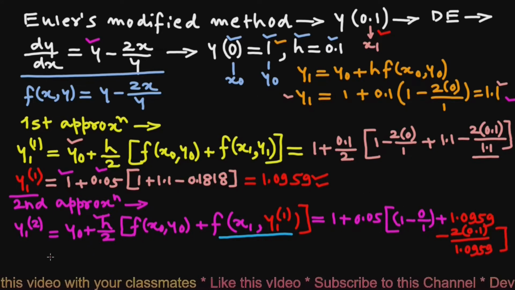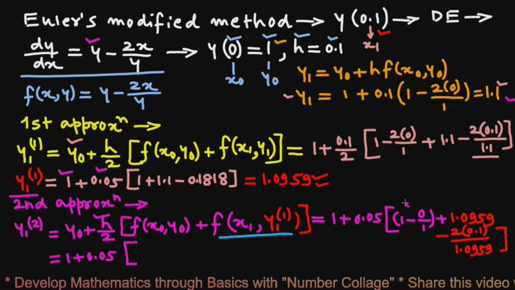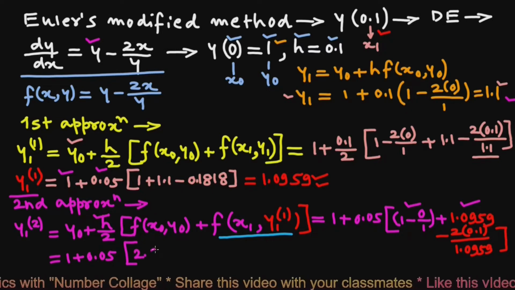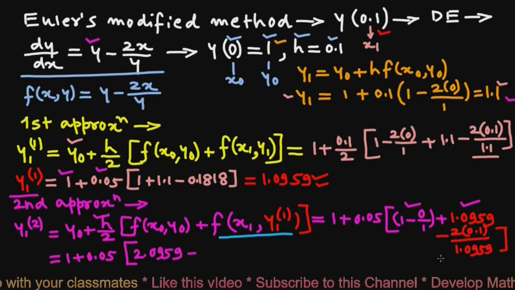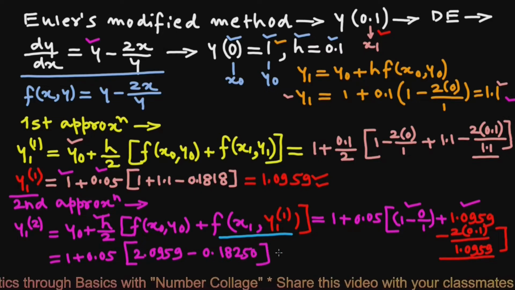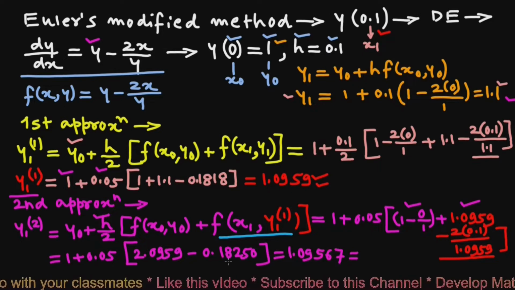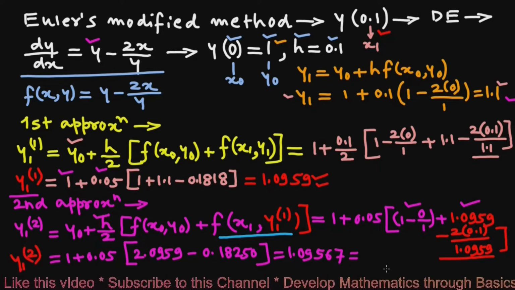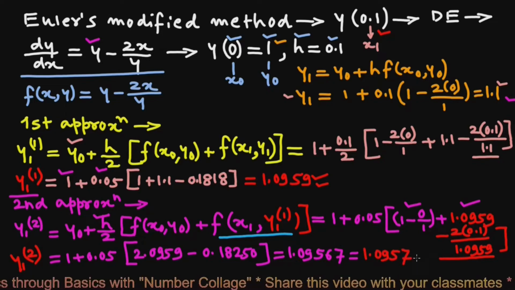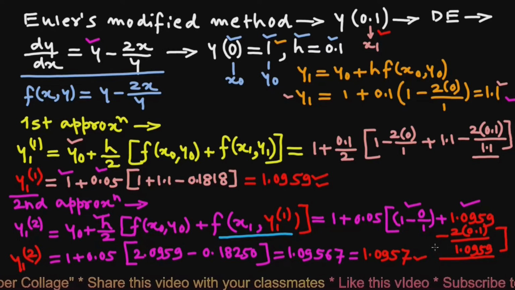So that will be equal to 1 plus 0.05 multiplied by [1 plus 1.0959, that is 2.0959, minus this calculation which will be 0.18250], that will be 1.09567. So finally y1^(2), that is the second approximation, is 1.0957, which we have to use in the next approximation, that is the third approximation.